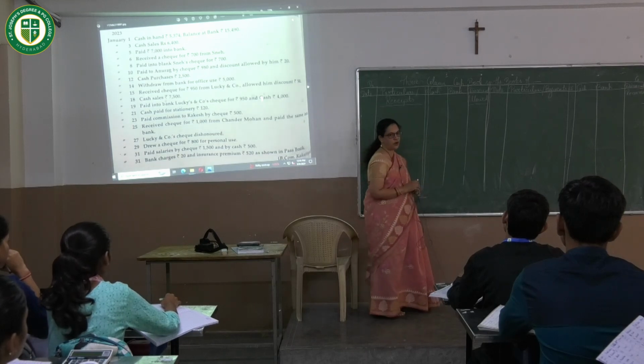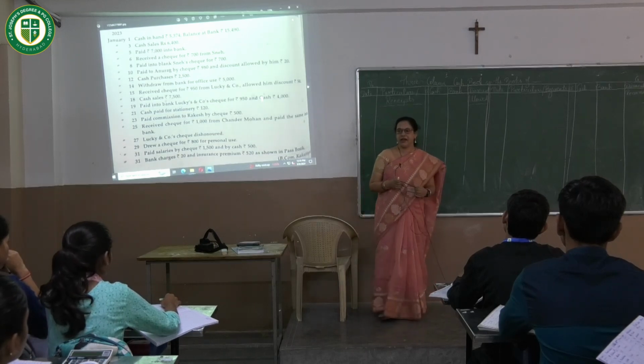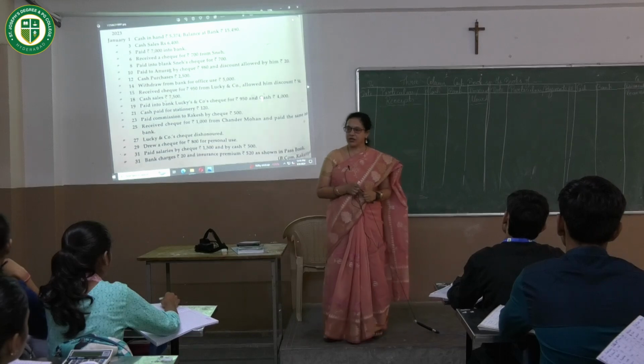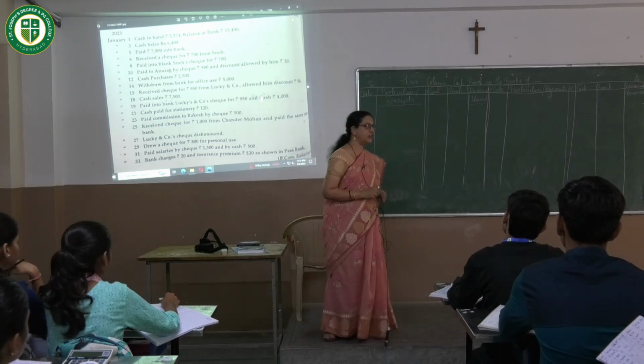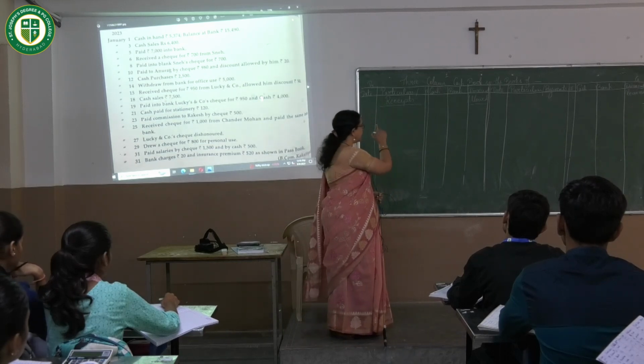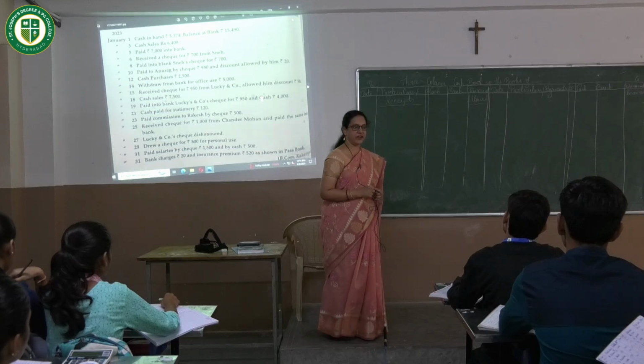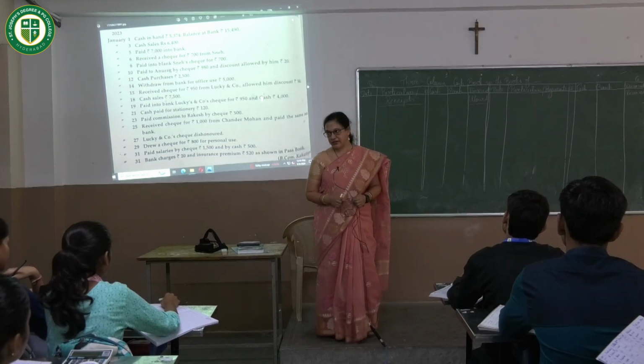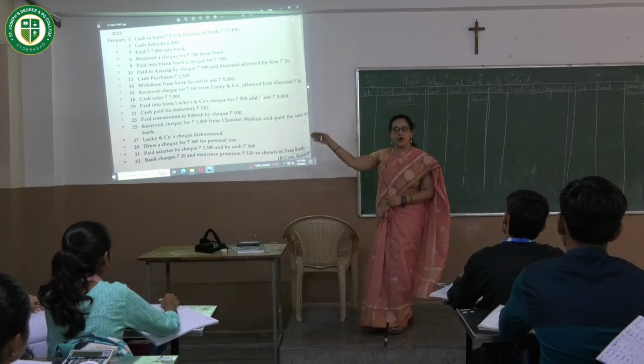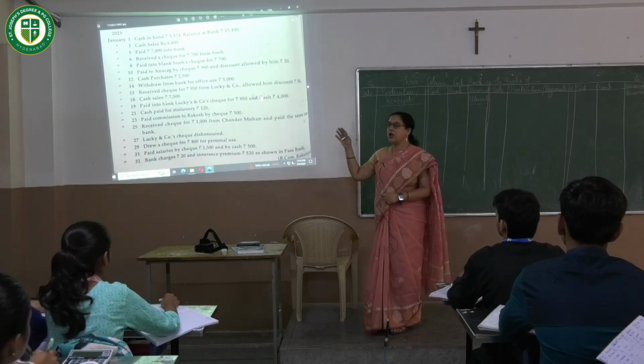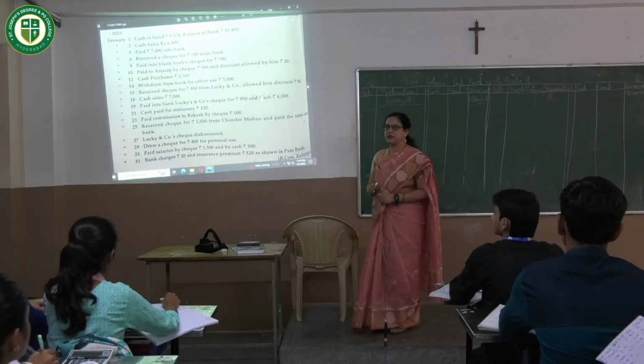Coming to how to solve this sum or how to prepare it, it is simple. As you do your ledger posting, you will be writing the transactions here. Whenever there's a receipt, write it on the debit side. Whenever there's a payment, write it on the credit side. As you can see, these are all the transactions of the business for the month of January.